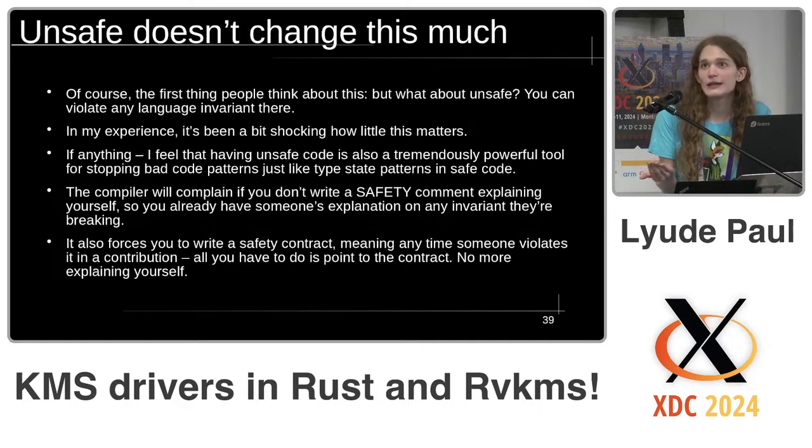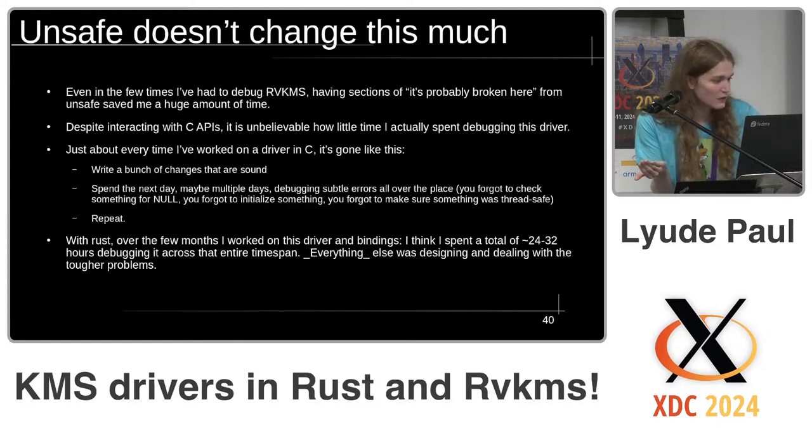And if you try to do unsafe code without providing a safety comment, the compiler will actually complain at you. So you're sort of forcing people to actually write down the logic that they're following when they're doing something that might violate the invariants of the language. And this is really useful because it gives maintainers and reviewers something to actually look over to verify whether what the person is doing is making sense.